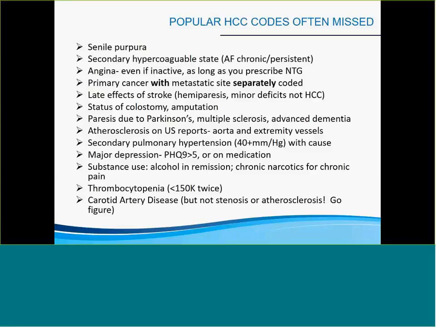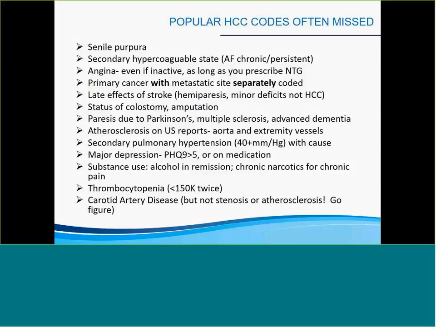Atherosclerosis on ultrasound reports, that's on a goal line. Pulmonary hypertension, which is defined as a PA pressure of 40, or the cardiologist says so. Secondary pulmonary hypertension due to heart disease, edema stable, plan continue Lasix. Major depression, we've talked about PHQ-9 over 5, although most of us are probably above 5 listening to this WebEx.